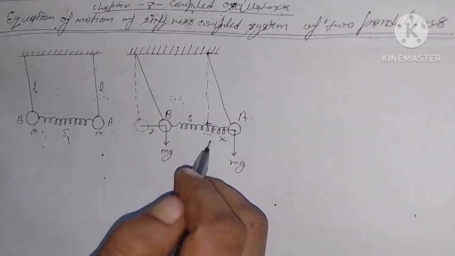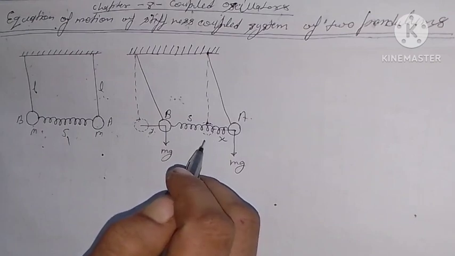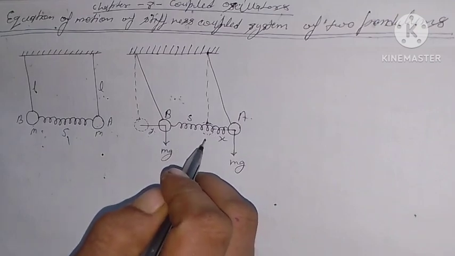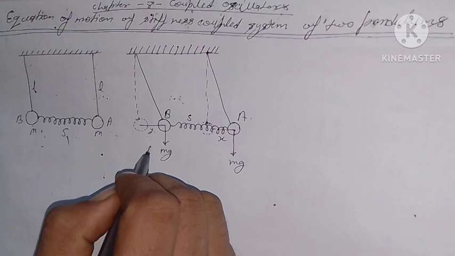Then the spring is elongated by a length x minus y.